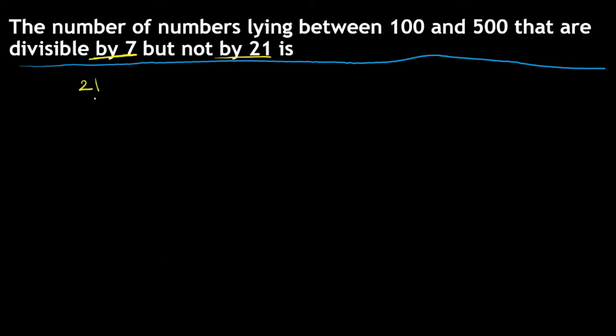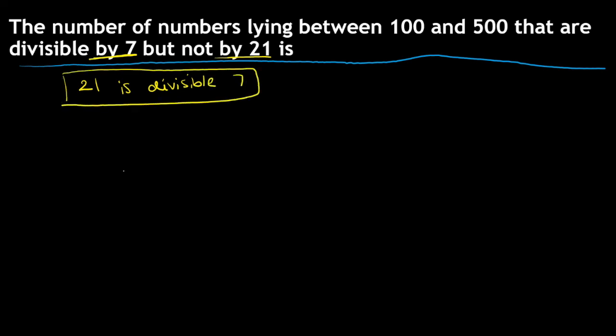Okay. So what we do in this question is first we look at 21, right? So 21 is actually divisible by 7, right? So technically, all the numbers between 100 and 500 that are divisible by 21 will be divisible by 7 as well, right?